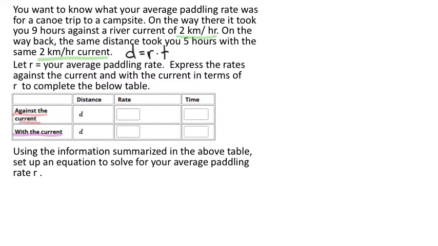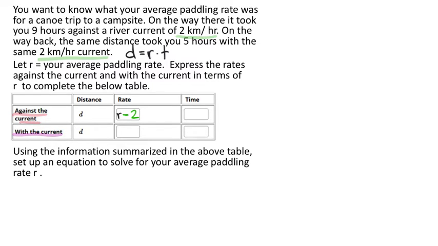If you're going against the current, you have the rate that you're paddling at. So I'm using R, that's the value they told us to use. Again, this is against the current, so it's slowing you down. To show that it's slowing you down by 2 kilometers per hour, we're going to put subtraction between the R and the 2. It's your rate of paddling, but then take away 2 kilometers from the current.